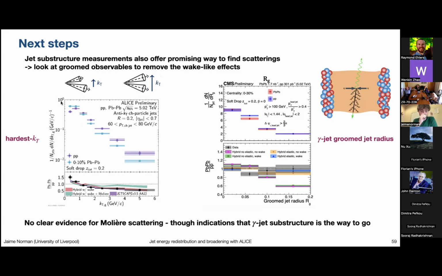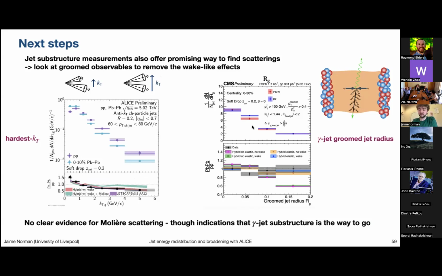A nice measurement by ALICE is looking at the hardest kT of subjets within a jet, that Raymond and Peter have been working on, where the results here are perhaps not conclusive about Molière scattering, so there's no evidence found for Molière scattering.